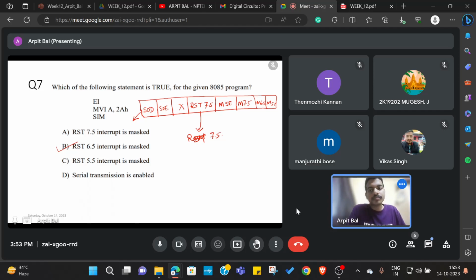So in this case, whatever value is being moved to A, what is being moved to A is 2A.